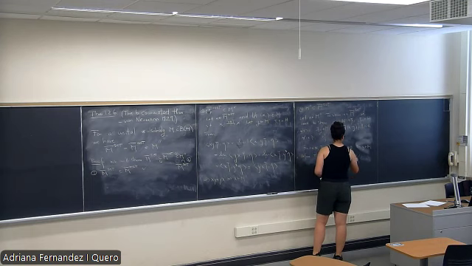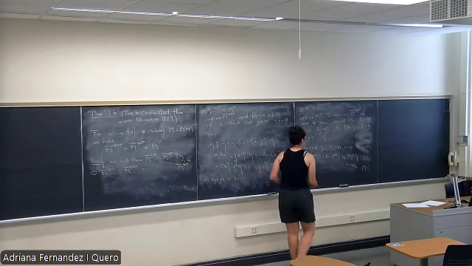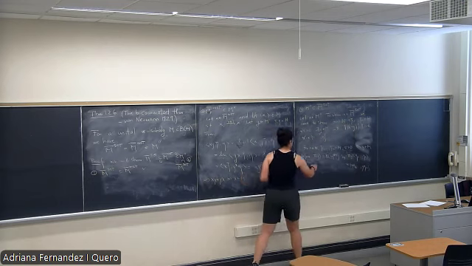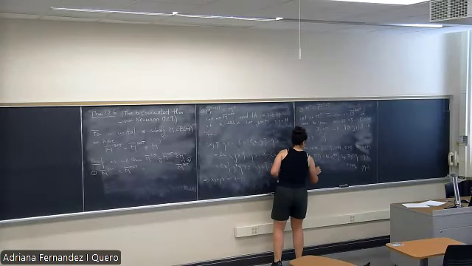So phi of y applied to eta 1 all the way to eta n is simply y eta 1 all the way to y eta n. So if you think of this as a matrix, what this would be is y on the diagonal.